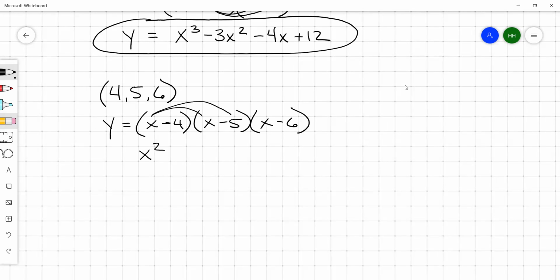And if I add the -5 and the -4, I get -9x. And if I multiply the -4 times the -5, I get +20. And that's the product of those two binomials. You're just using your technique from factoring to multiply. And then you drop down your x minus 6.